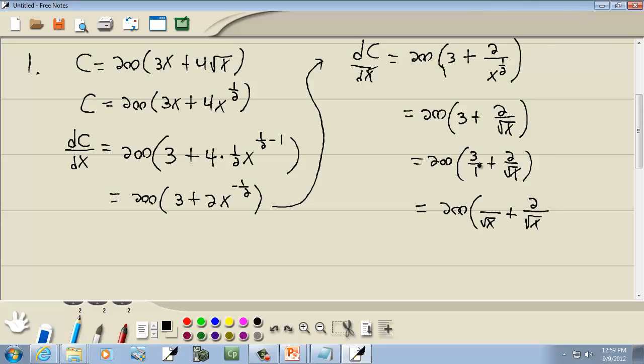This one already has it. On our first fraction, we multiplied the bottom part by square root of x. We have to multiply the top part by square root of x. So that gives us 3 square root of x plus 2 over square root of x. And they might not have gone that far on their answer. Sometimes it's hard to say.